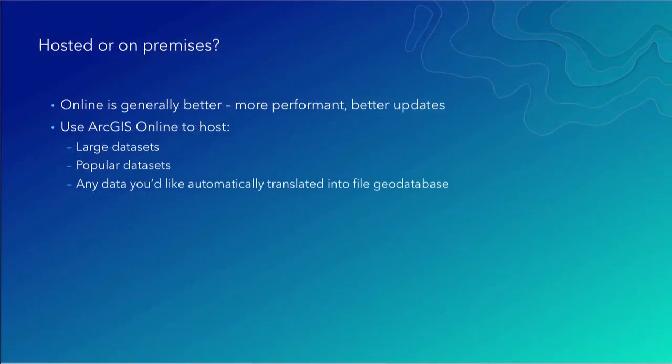Hosted or on-premise? I get this question a lot. And I think a few days ago, my talk track on this slide was a little different. So I'm going to see if I can break down the different options. It's good to be on your own portal if you want to always be connected to the authoritative source and you're not moving data up into online. We definitely prefer the data hosted in online because we can guarantee performance and you don't have to worry about scalability.